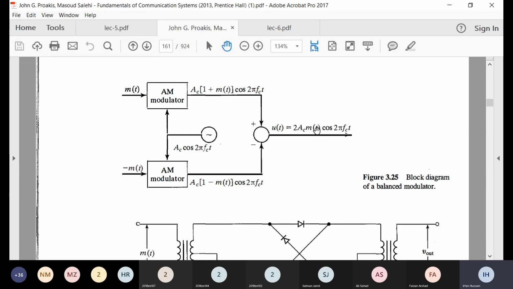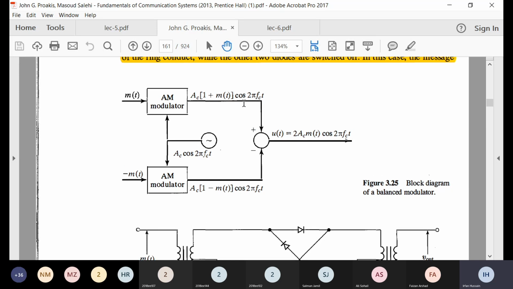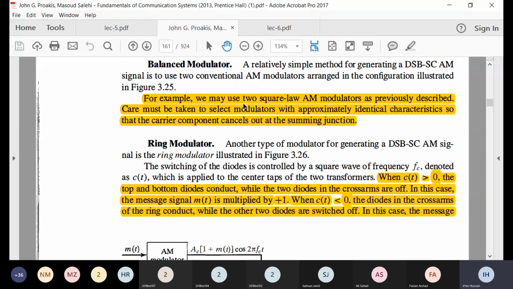Hence, this is a double sideband suppressed carrier signal, as compared to the individual signals. We have to take care that both modulators have identical characteristics, so the signals they generate are identical with only a negative sign change, and once you combine them, you get back the double sideband suppressed carrier signal.